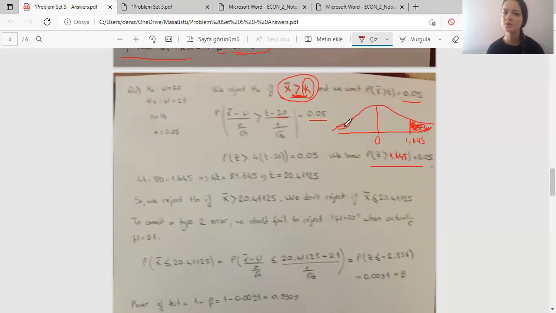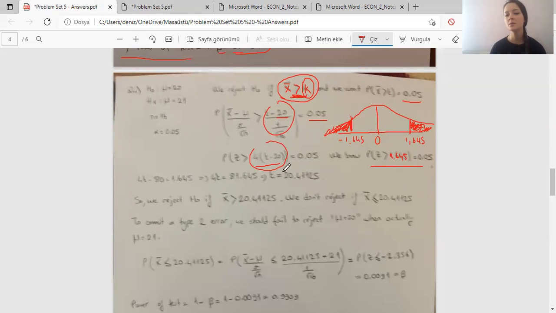And same thing for the left-hand side, minus 1.645 is leaving its left-hand side with 0.05 probability. So we are just equating this: Z is greater than this calculation here, 4 times (K minus 20), is equal to 0.05, means that this part, 4 times (K minus 20), is 1.645, okay?